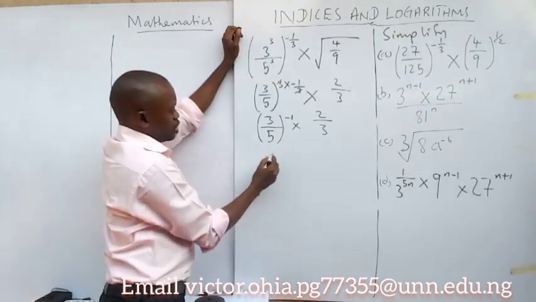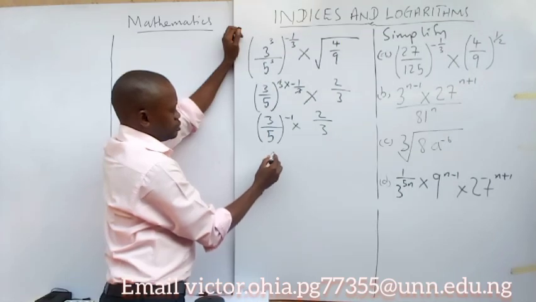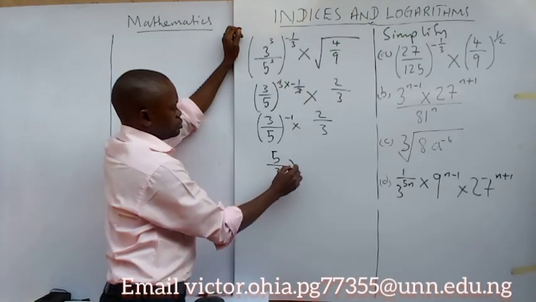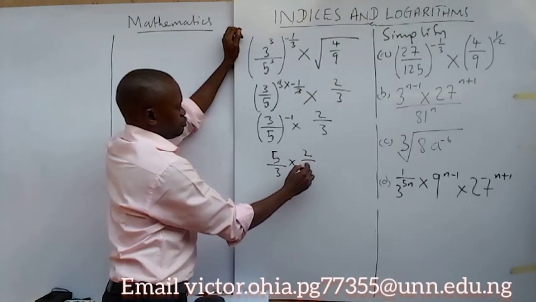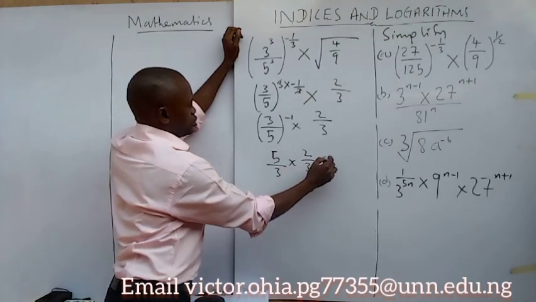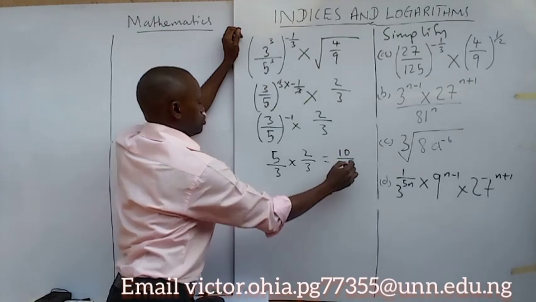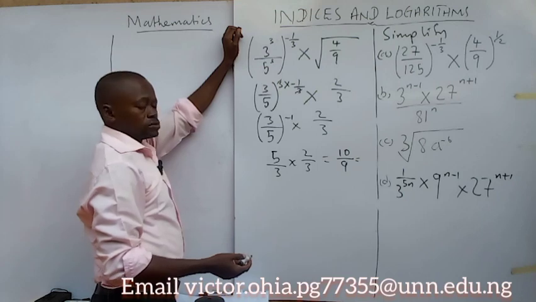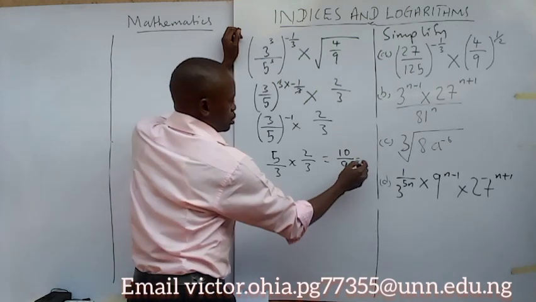So we are going to have here 5 over 3, then times 2 over 3. And that is going to give us what? 10 over 9. Of course, if you want to change it to mixed fraction, that's 1 whole number 1 over 9. Okay.